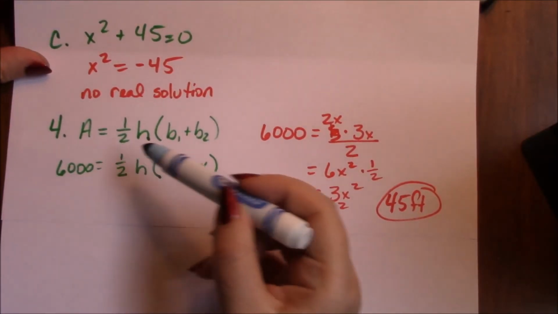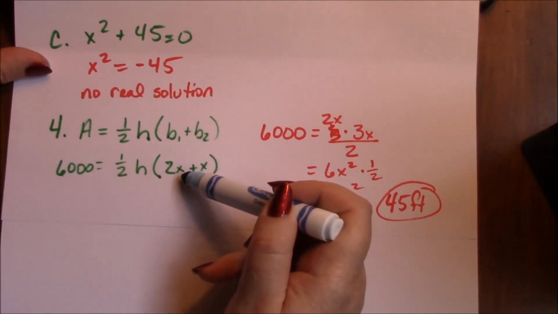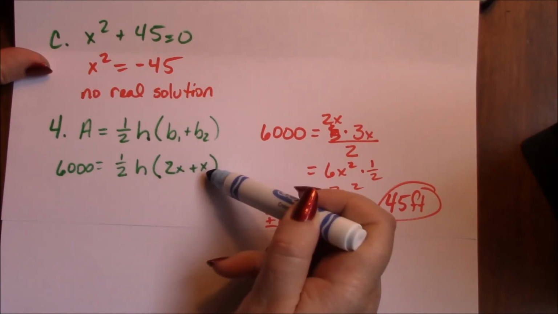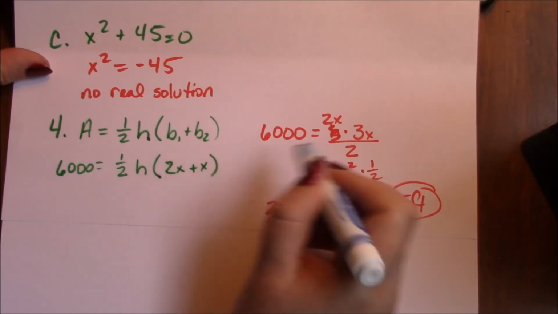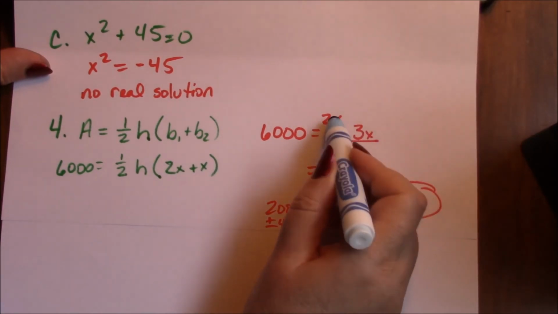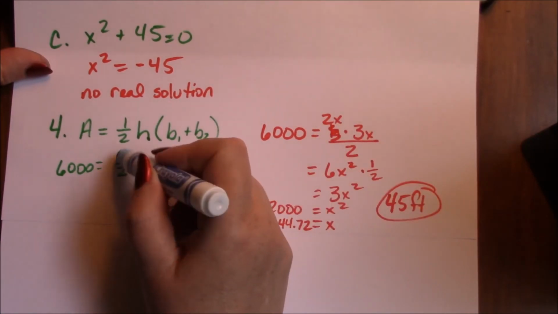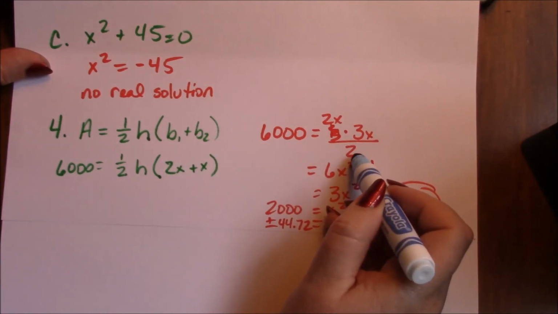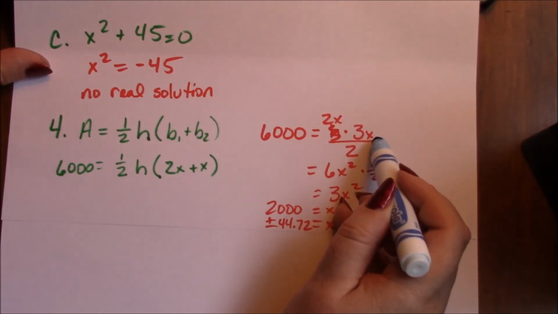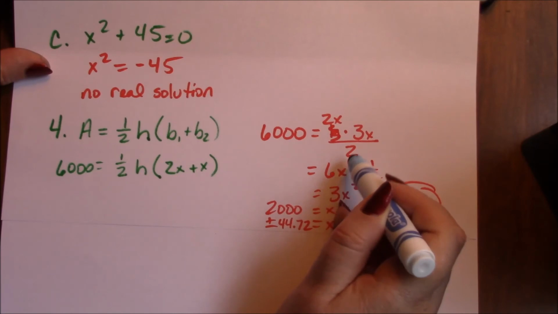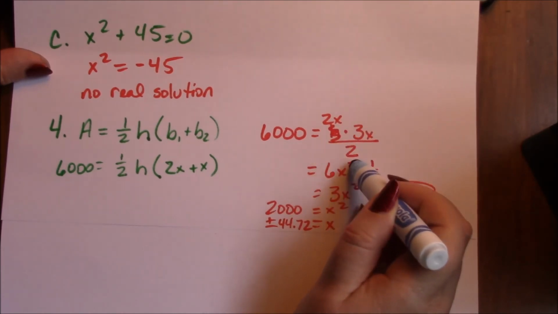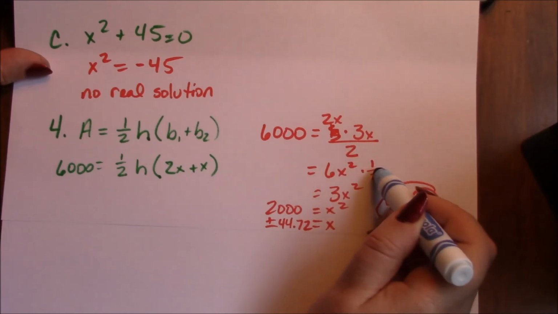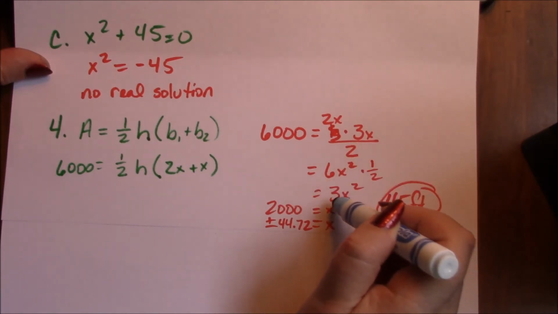So we know that 6,000 is equal to 1/2 the height times both the bases, and that the height is 2x. So 2x plus x is 3x, and the height is 2x, and we're essentially dividing it by 2 when we multiply it by half. So it's 2x times 3x divided by 2. And 2x times 3x is 6x squared, times 1/2, which is 3x squared.